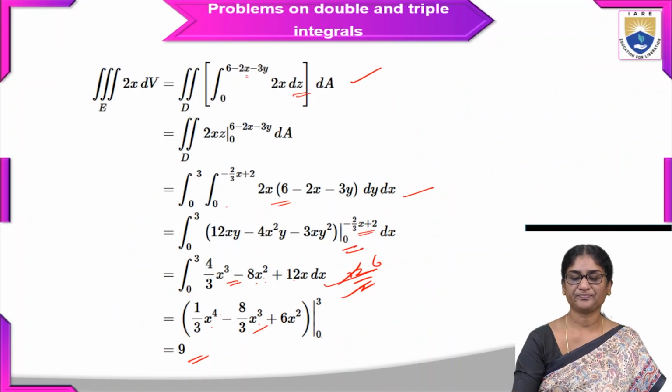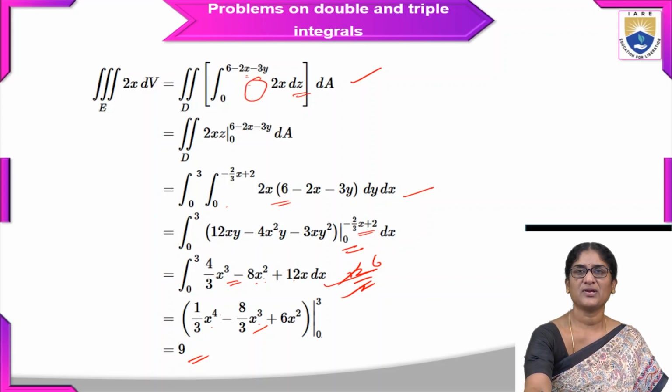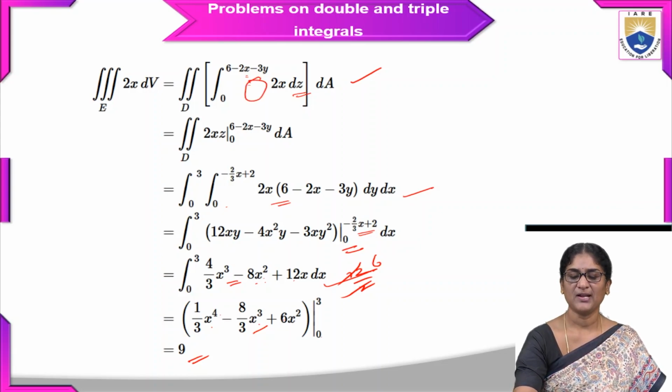In this question the z limit is taken from 0 to 6 minus 2x minus 3y, with 2x dz into dA, and we are integrating with z. The variable z is not there in the function, so the integral of 1 dz is nothing but z.